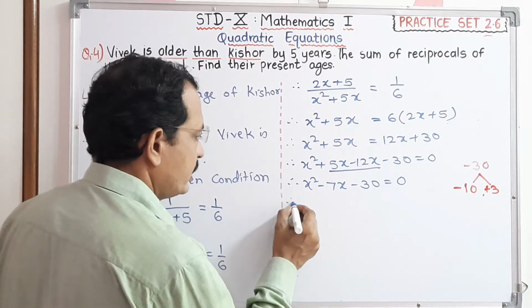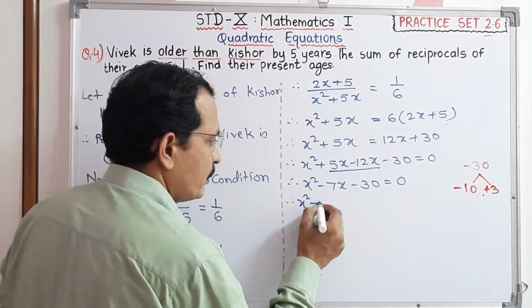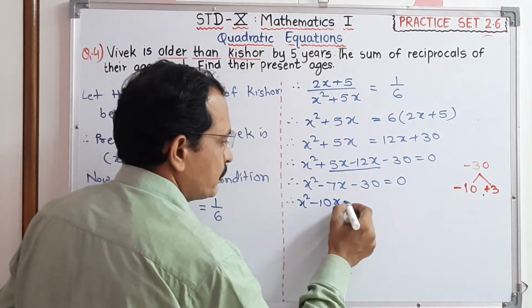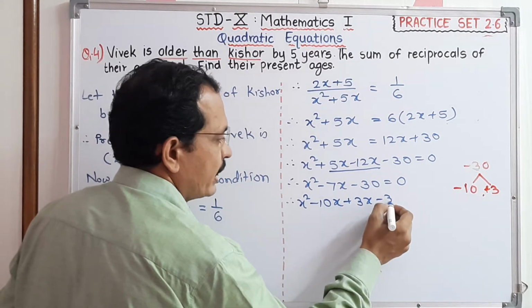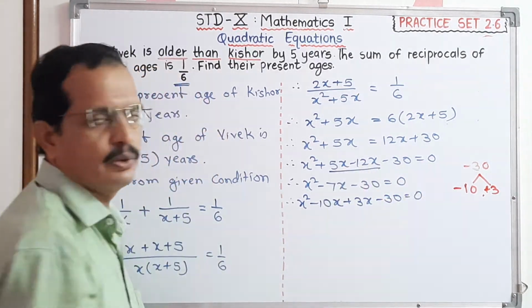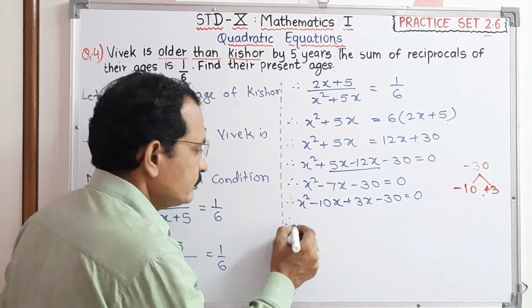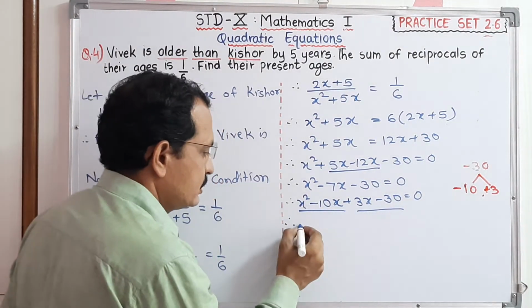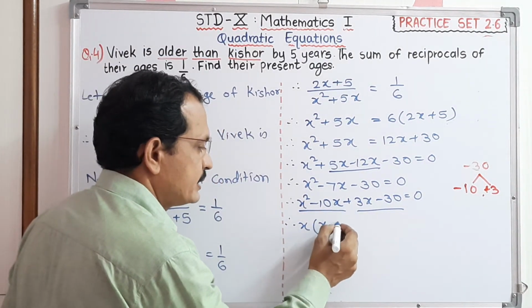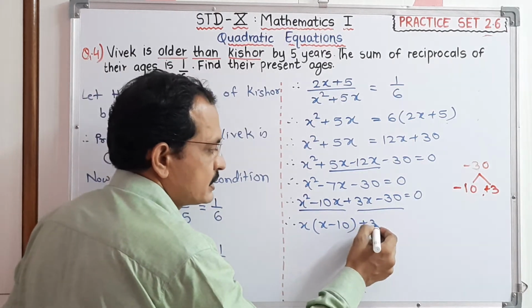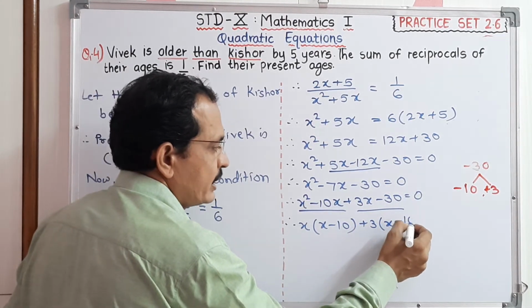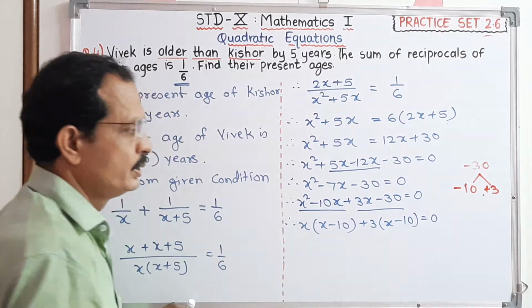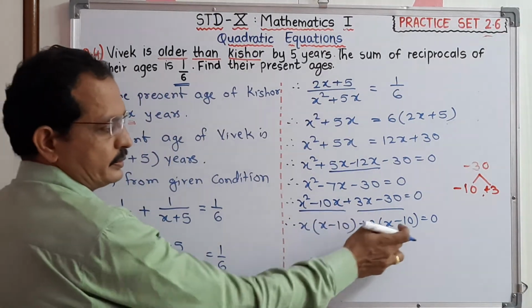We have to write here x square minus 10x plus 3x minus 30 equal to 0. Take out the common from this, it is x into x minus 10 plus 3 into x minus 10 equal to 0. All of you understand this?